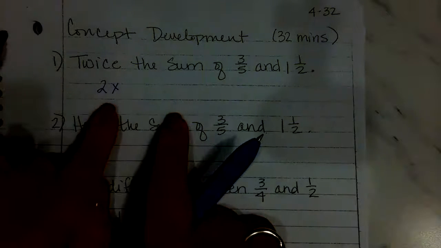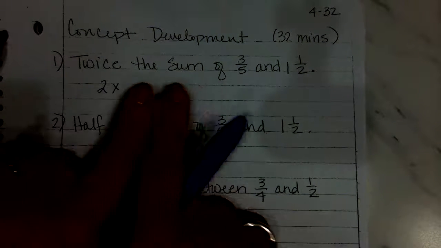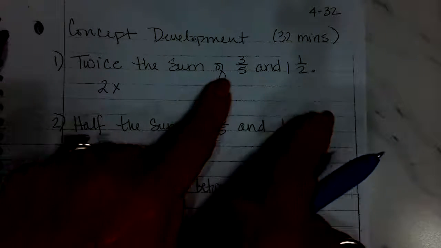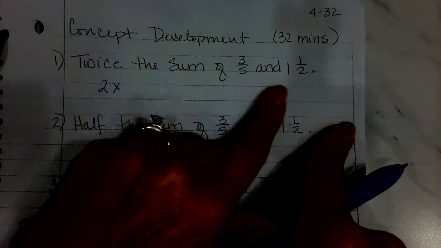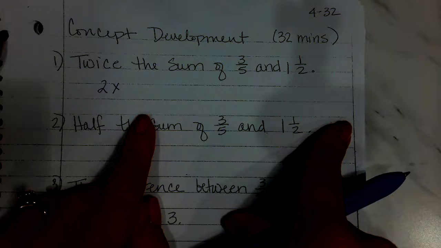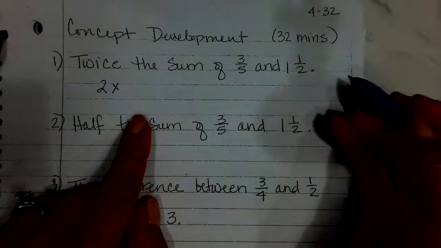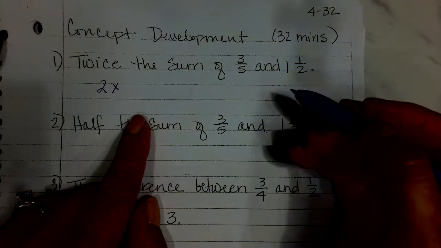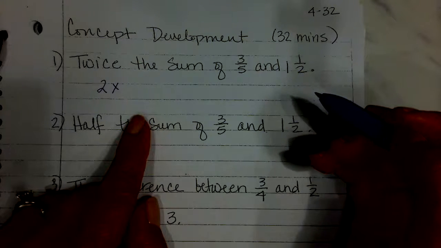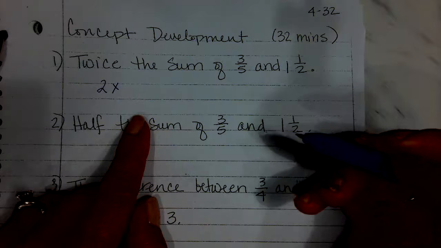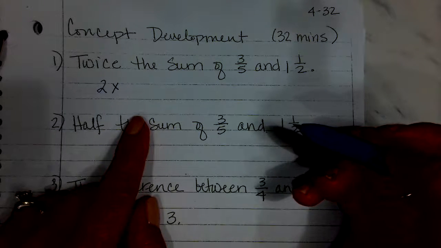Twice what? The sum of 3/5 and 1.5. So how do I write the sum of 3/5 and 1.5 numerically? Well, we say 3/5 plus 1.5, right?